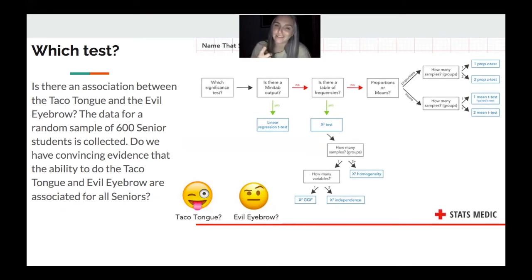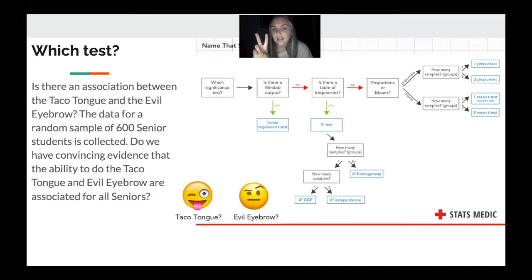We're going to look at it in the next video though. So here we go. Do I have a table of frequencies? So think about the data you would collect here. You'd be collecting 600 and you would need to collect yes or no on taco tongue and yes or no on evil eyebrow. Now think about how you would do this.